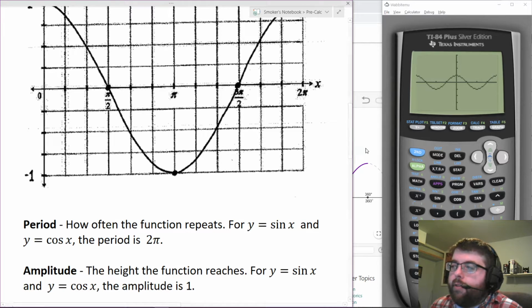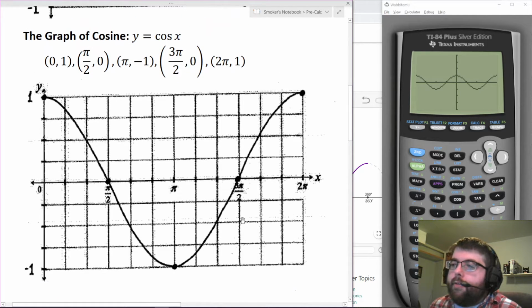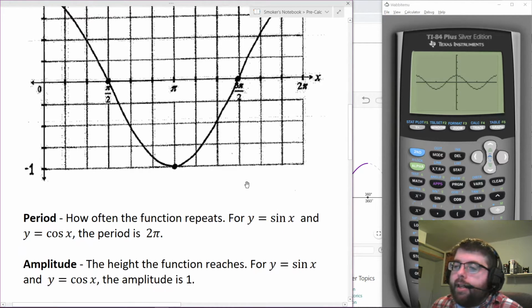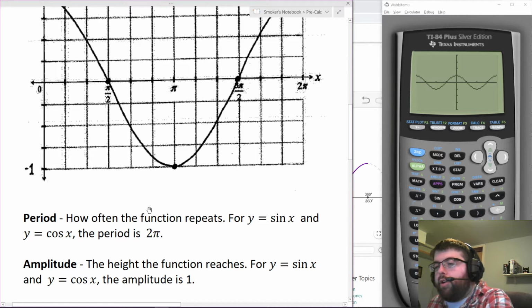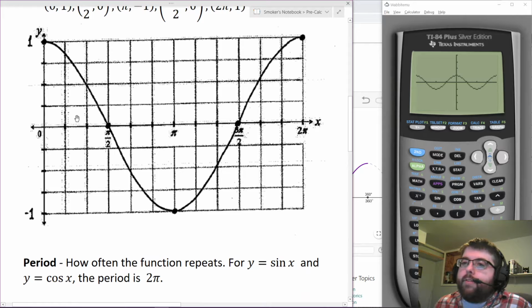The amplitude, on the other hand, unlike the other functions that we did transformations on, we didn't have period or amplitude. But one thing that's unique about sine and cosine is it has an amplitude, and that is the height the function reaches and the depth it reaches, essentially. So how high it goes and how low it goes is an amplitude. That amplitude is determined by the distance it gets from 0.